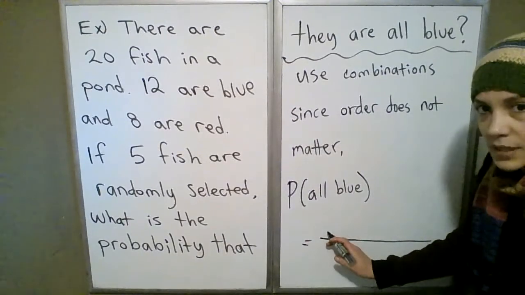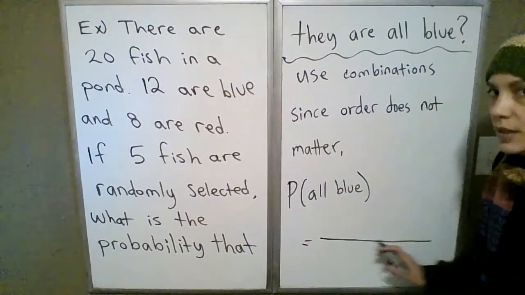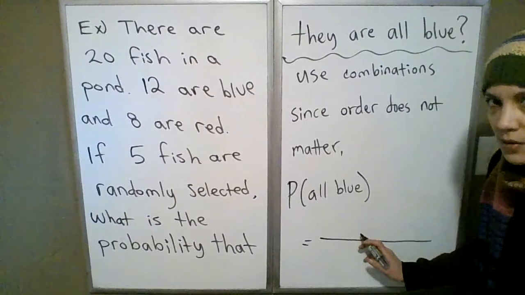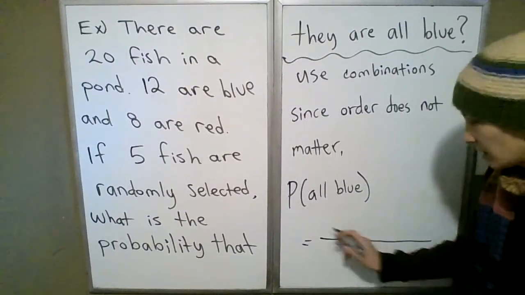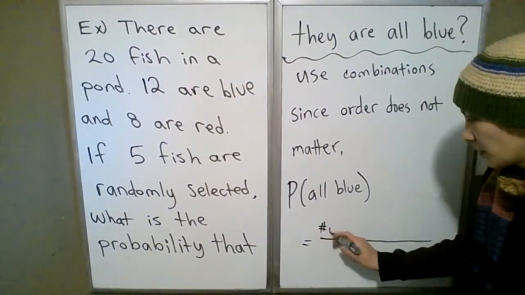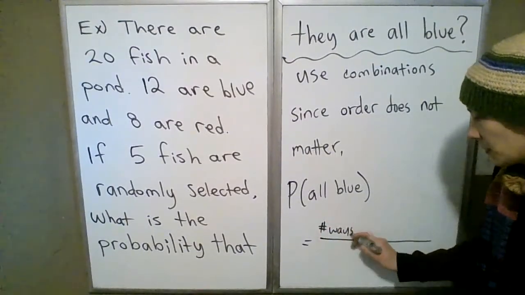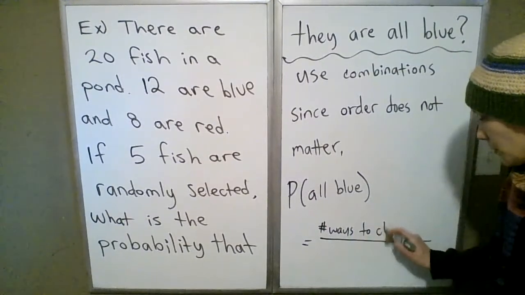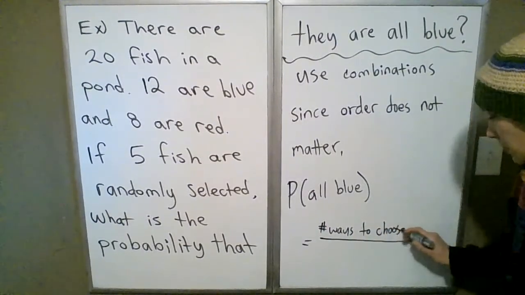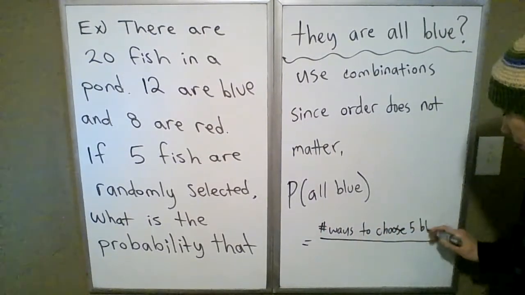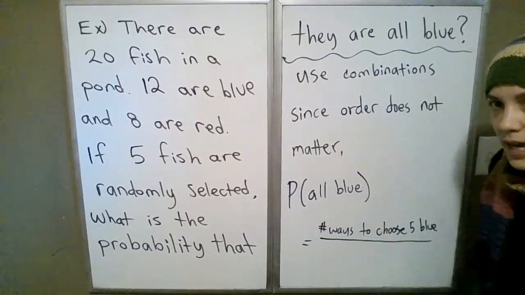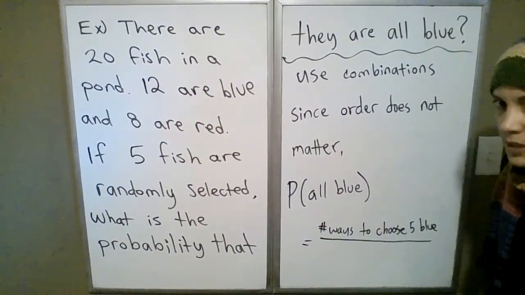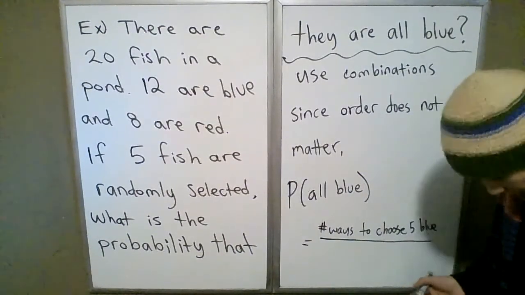So the number of ways to have that event occur, the number of ways to choose 5 blue fish, out of the total number of ways to choose any 5 fish.